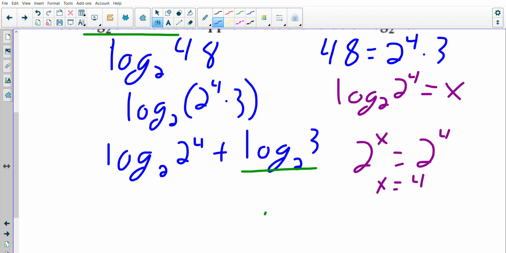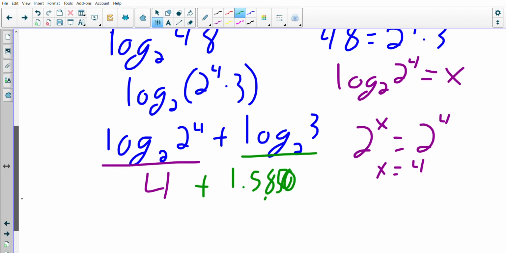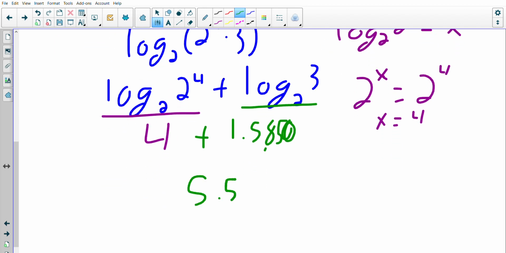So this whole thing is just 4. So we have 4 plus 1.5850, and then we simplify and just get 5.5850. So I'm just using a bunch of different properties.